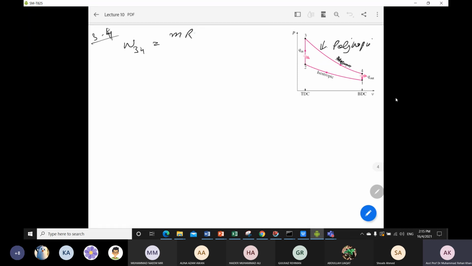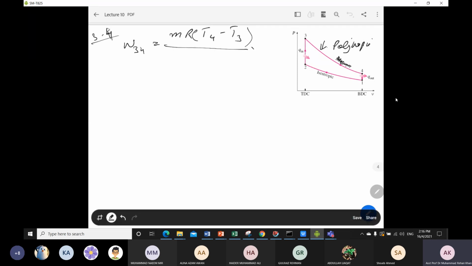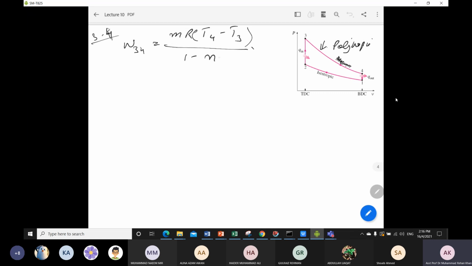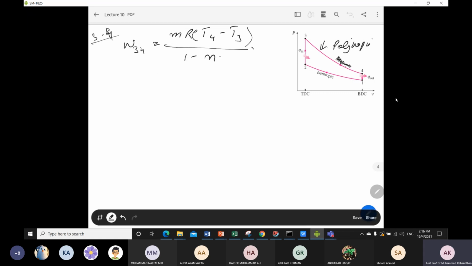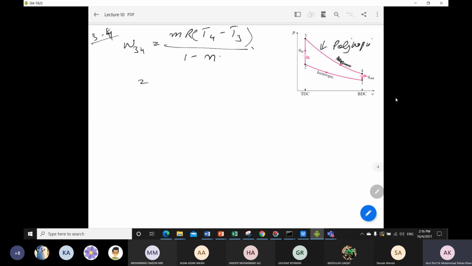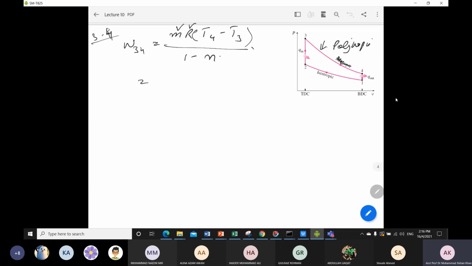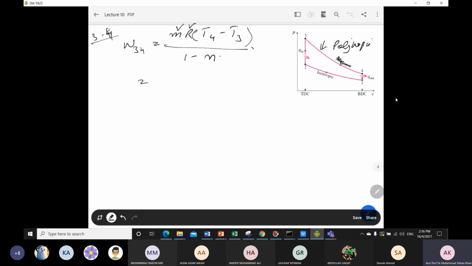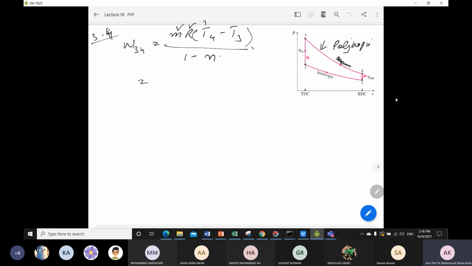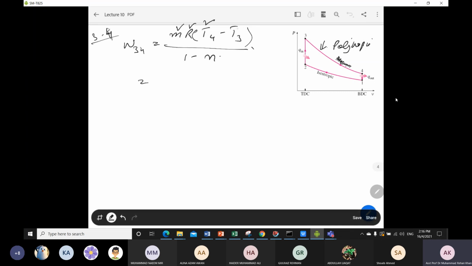m R (T4 minus T3), the final state T4 and the initial state between where the polytropic process is taking place, divided by 1 minus n. So n is your polytropic exponent. In this equation, you have to find first m, because m is not known to you. R value is for air, it is a constant, you can find it easily from table A2, or you can remember it, its value is 0.287.